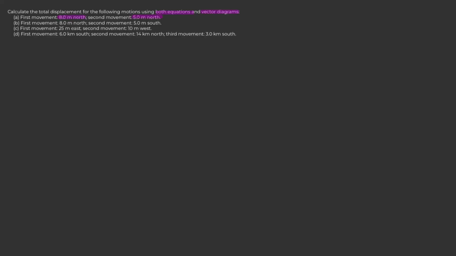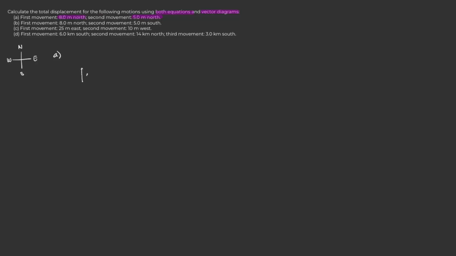Okay. So, part A. Also, it's actually very important for us to draw out our compass rose. Okay. And for part A, we're starting at some origin and we're moving 8 meters north.